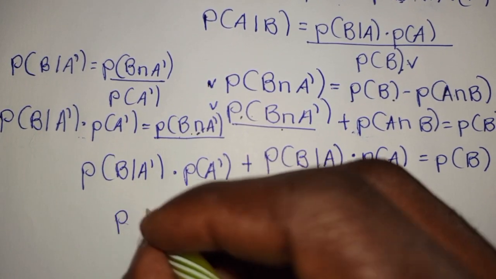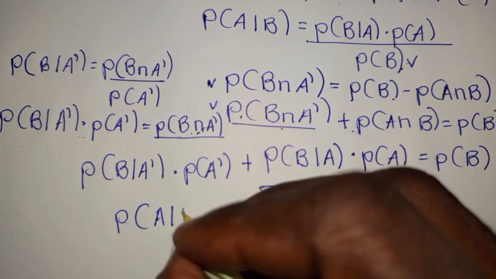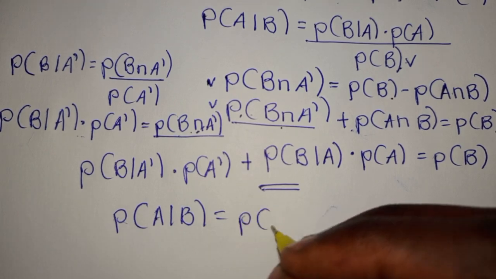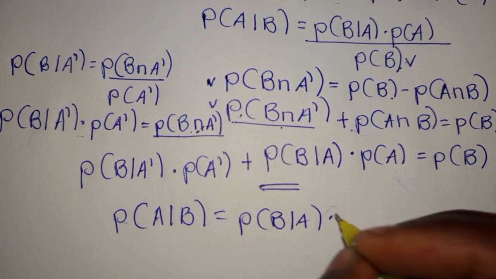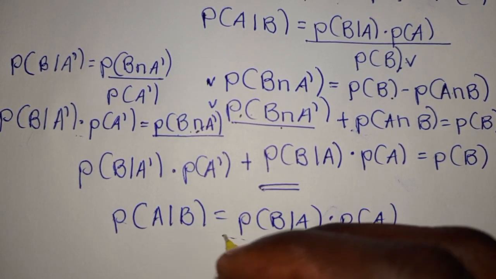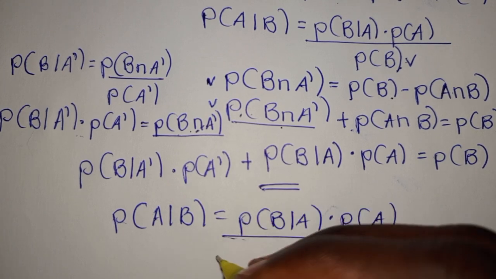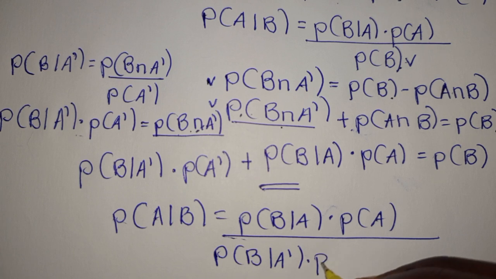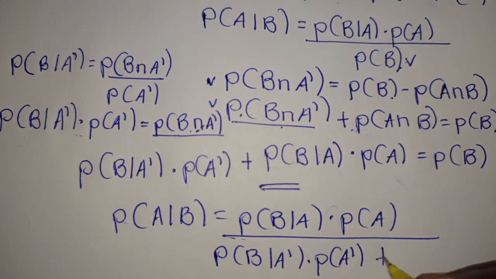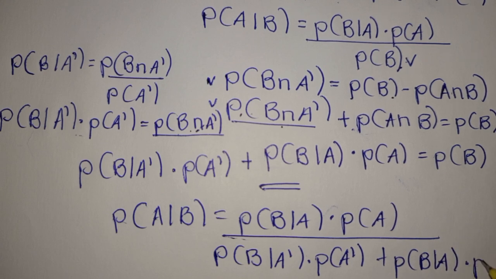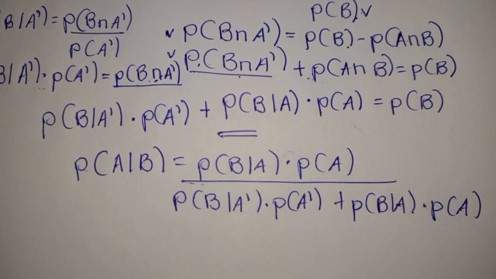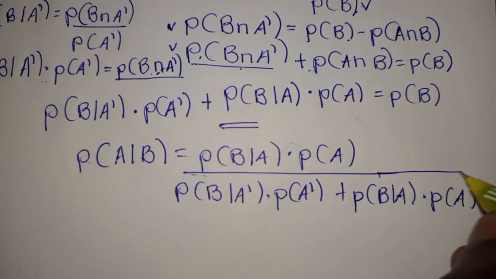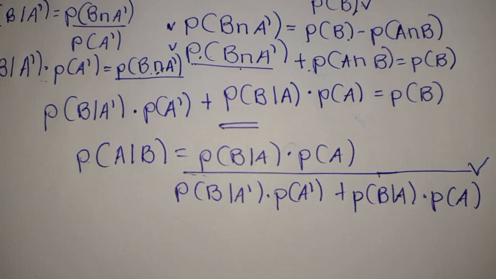So we know for sure that now the Bayes theorem is defined by the probability of A given B is equal to the probability of B given A multiplied by the probability of A, over, where B now is the probability of B given A complement multiplied by the probability of A complement plus the probability of B given A multiplied by the probability of A. So this is the Bayes theorem formula in full. So this is how you derive the Bayes theorem.